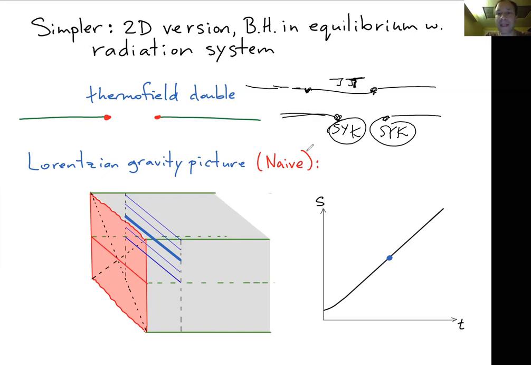And then the later Maldacena paper said, well, instead of just JT gravity here, why don't we have JT gravity coupled to some kind of cutoff holographic CFT, and let's make this holographic CFT as well.